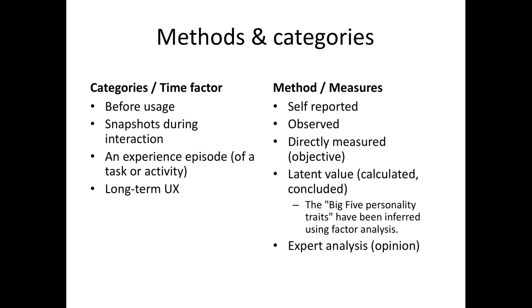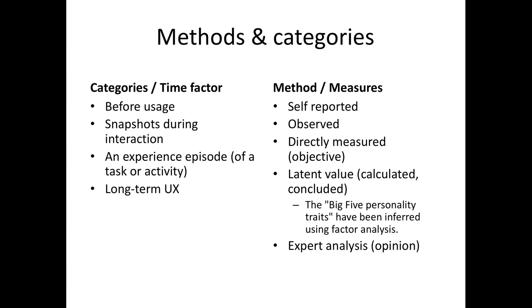We can also apply our evaluation process at different time factors, before using, snapshot of interaction. I already addressed this before. And we can also have different ways of measuring or different ways of reporting our feedback.